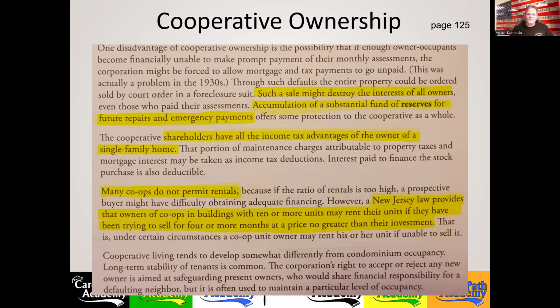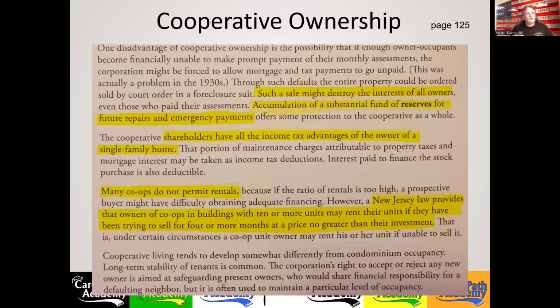So in the long run, you could foresee that they're not going to stay in as good a shape as if it was a complex that was occupied by owner occupants. So they don't usually allow rentals. Now you can come across a co-op that may allow rentals, but generally speaking, most co-ops do not allow rentals.